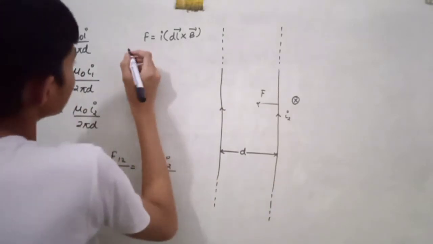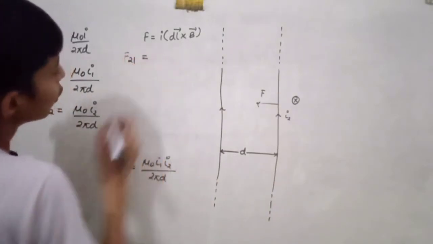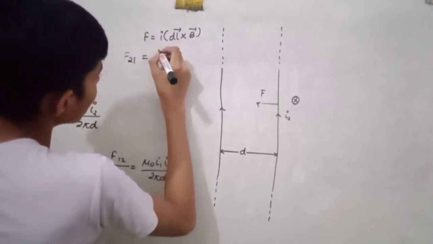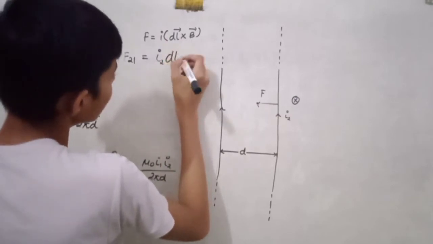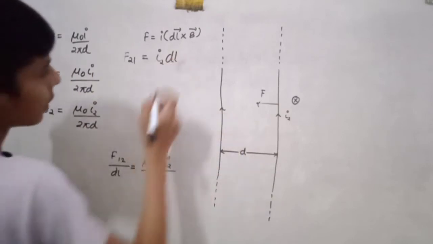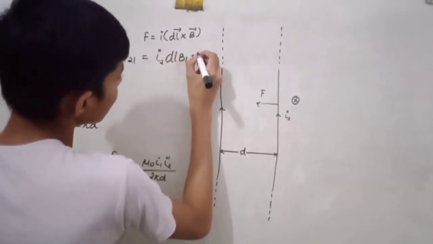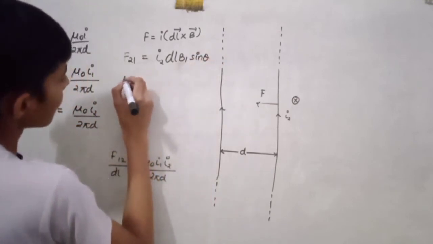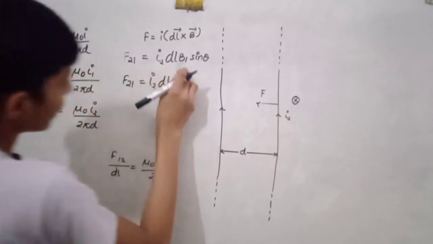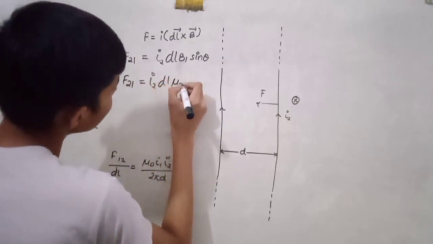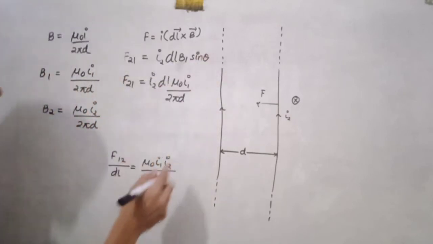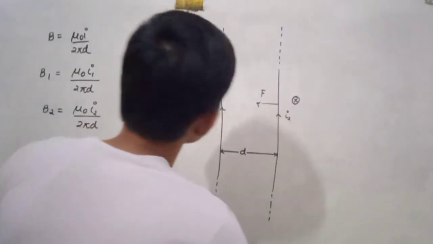Now we have to find force on 2 due to 1. So I2 dl, wire 2 is present in the magnetic field of wire 1, so B1 sin theta. Force on 2 due to 1 is I2 dl, and the magnitude of B1 is mu naught I1 divided by 2 pi d, and theta is 90, like this.